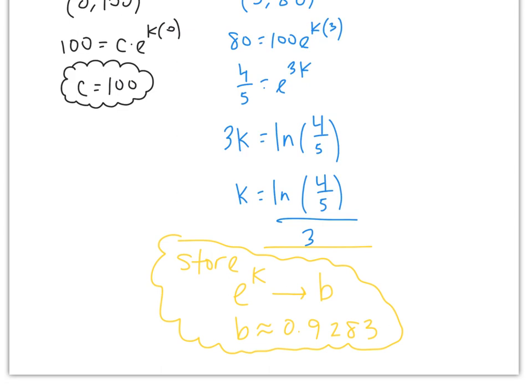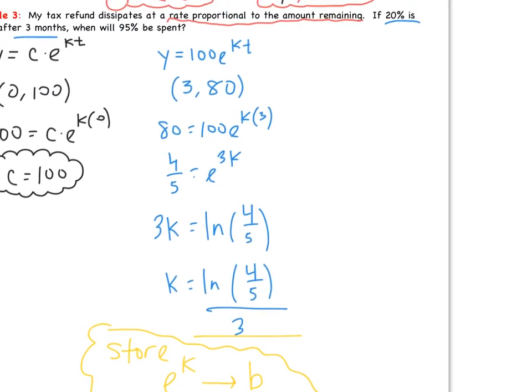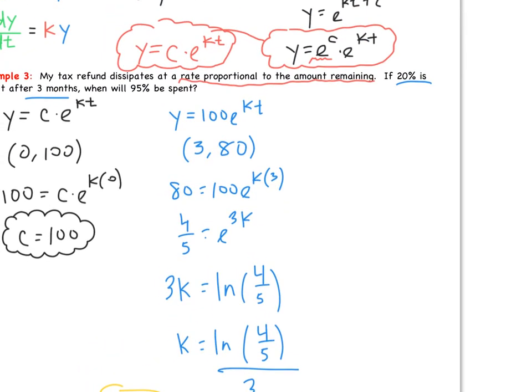Okay, so what we're really dealing with then is now we're at the point where we have y equals c times e to the kt. Well, we just stored this portion as b.